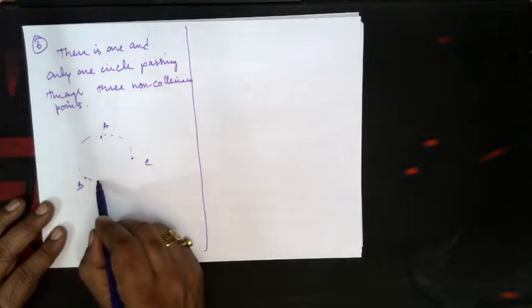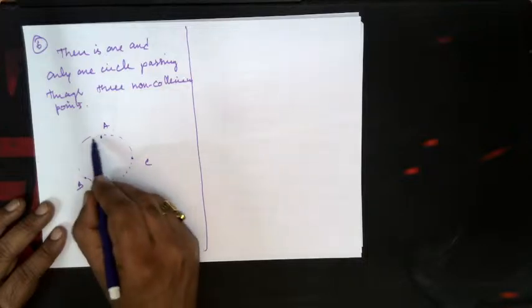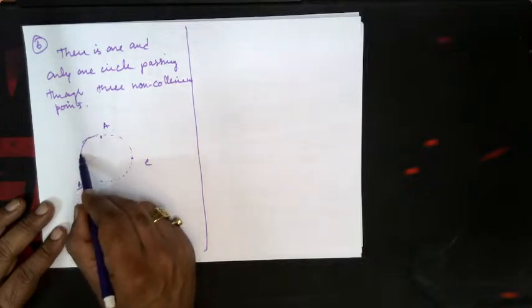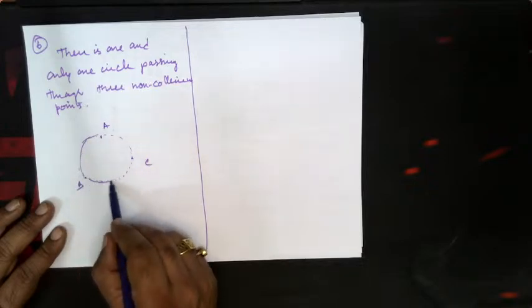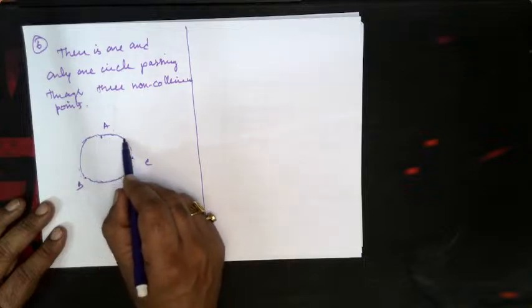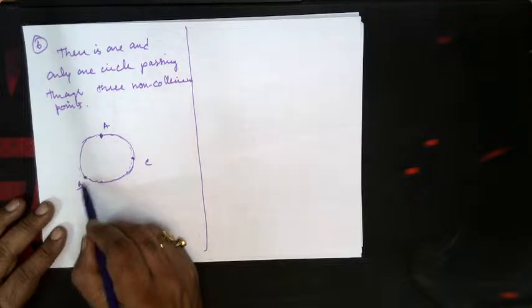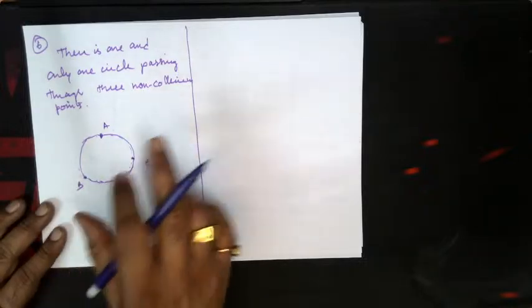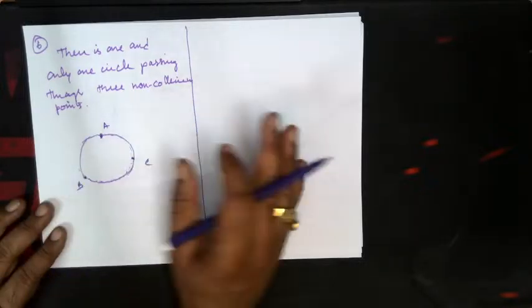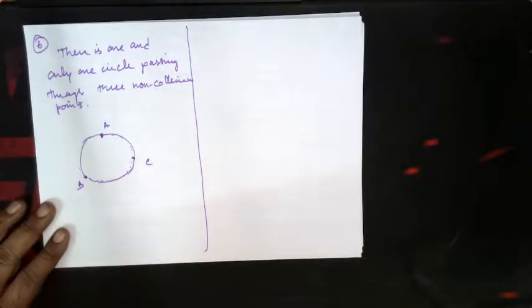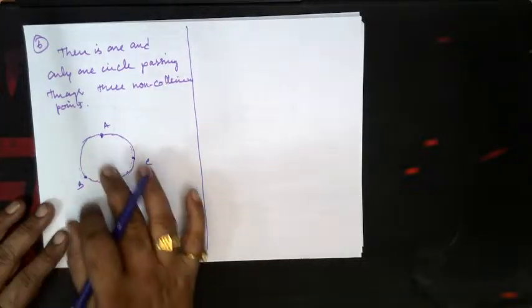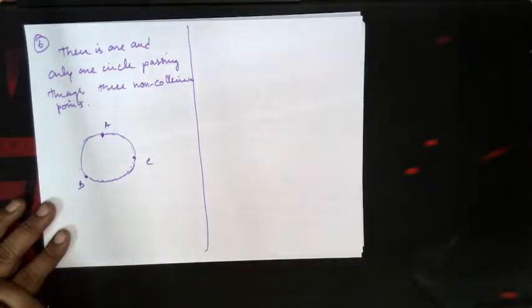So you can form only one circle like this by connecting all these three points. There is a separate practical geometry topic. I will give you a link so that you can go through that. Using a compass, we can easily draw a circle based on three non-collinear points.